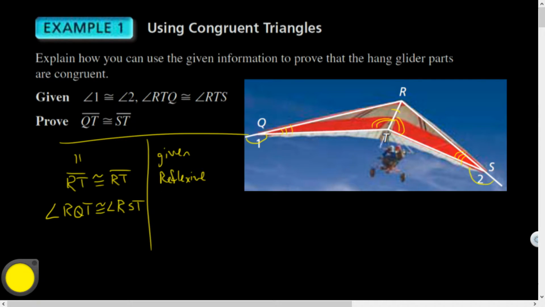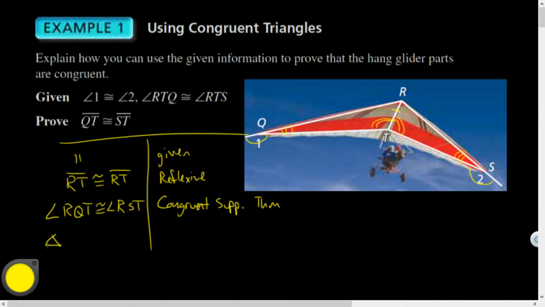I believe the theorem is the congruent supplements theorem. Does that sound familiar? Two angles that are supplementary to the same angle or to two congruent angles are going to be congruent to one another.